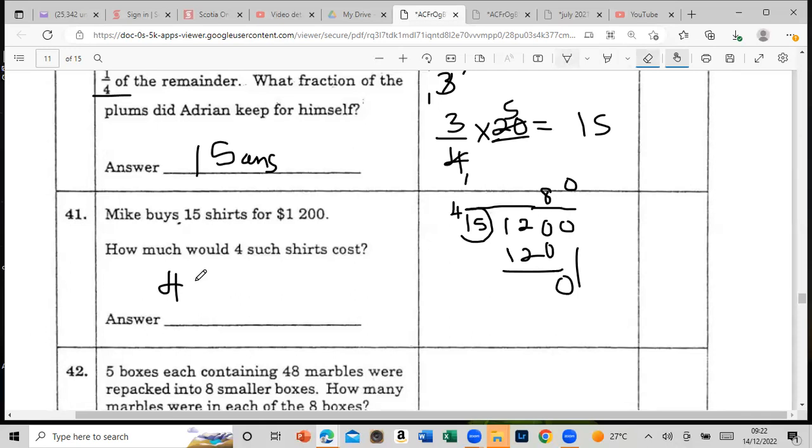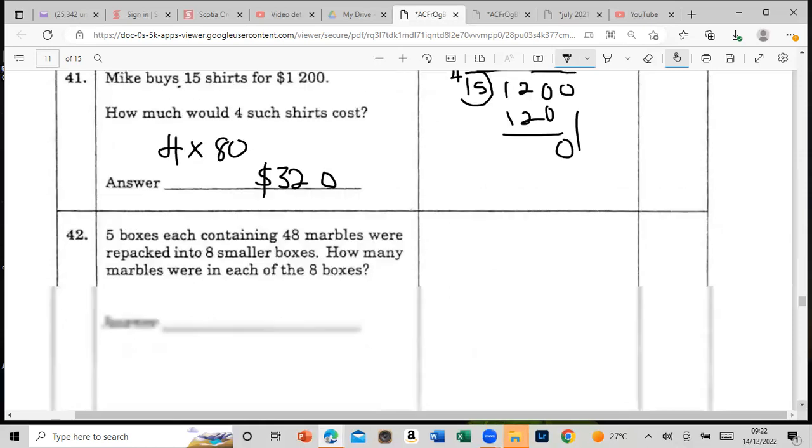Alright? 8 4s are 32, so it would cost $320 for 4 of the shirts. And it makes sense, right? Another 4 costs $320, that's $640, right? Another 4, and so on. Alright, let's go.